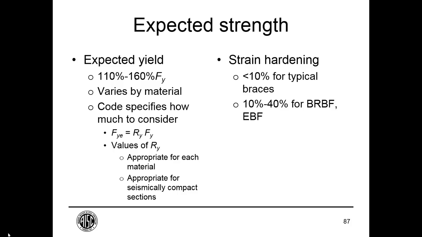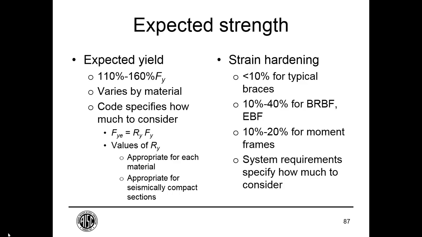So it might be 40%. And that's too much not to include, and so we do include those values in the design methods for those systems. And again, for moment frames, it's large enough to be considered, and so you'll find that in our design procedures as well. And each of these systems tells you how and how much to consider strain hardening.